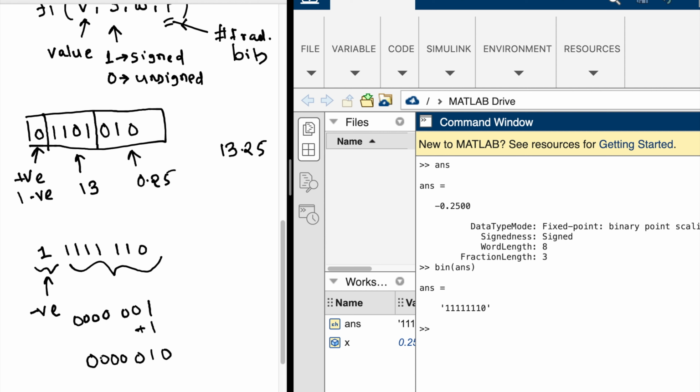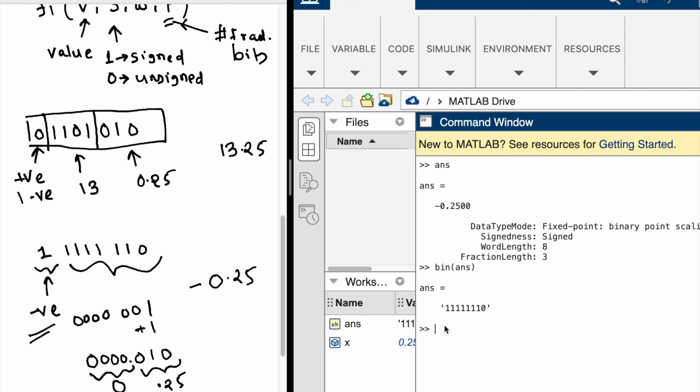So we know this is a negative value, and the integer portion is 0. If we convert this binary into a number, we get 0.25. So we know this is the negative 0.25 value. This is how we can represent any value that we wish to represent in fixed point format.